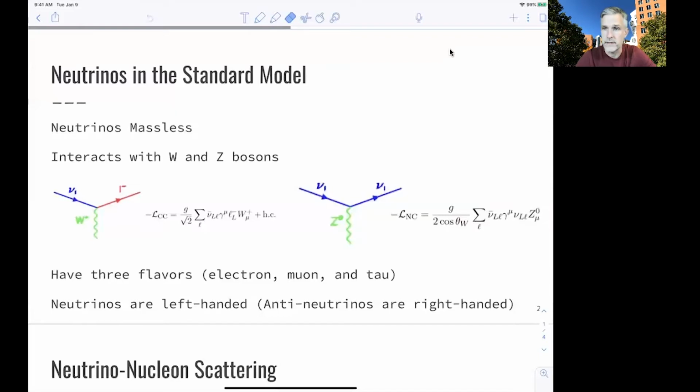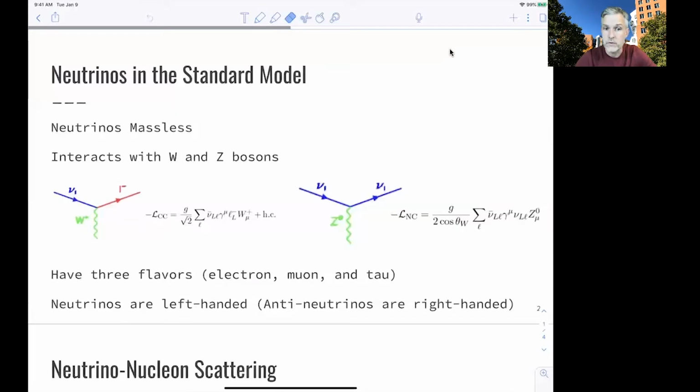So if you, for example, identify an electron in this interaction, then the initial neutrino was an electron neutrino. While for the neutral current, when we have some sort of interaction happening, we cannot identify directly the neutrino. Hence, we cannot find the flavor of the neutrino. We can just measure the sum of all flavors of neutrinos in the neutral current.